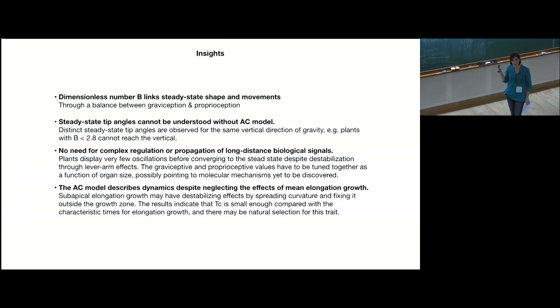But this model tells me that there is no need for some sort of complex regulation where there is a propagating signal throughout the plant. It's enough to just have local sensing and local response. I don't need to know what happens everywhere else. And that's very, very interesting from the point of view of a distributed system in terms of computation.